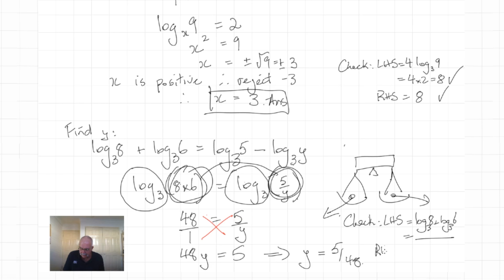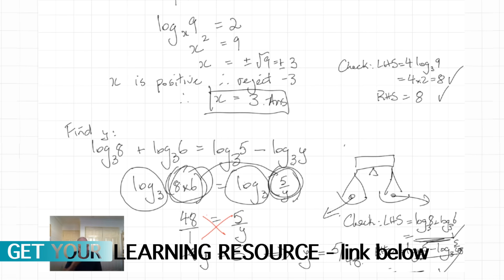Then the right hand side is log 5 to base 3 minus log of y, and we're saying y is 5 on 48. When you do that on your calculator, hopefully we'll get the same answer as we got up here. And there's our answer.